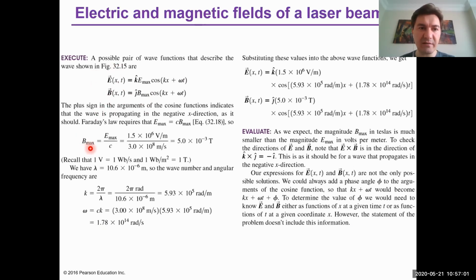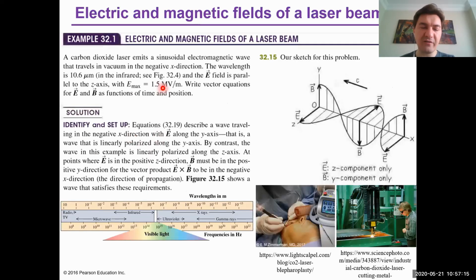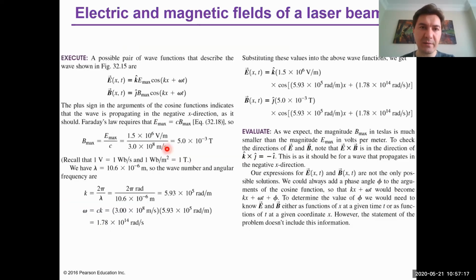We know that E max is given by C times B max. If you take B max from that equation, we can find B max. So E max is 1.5 megavolt per meter, put it there, and this is the velocity of light in vacuum. Then B max is 5 times 10 to minus 3 Tesla.